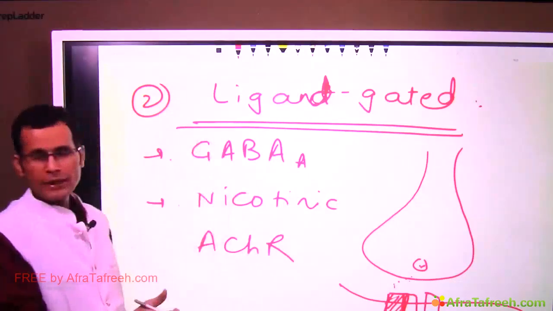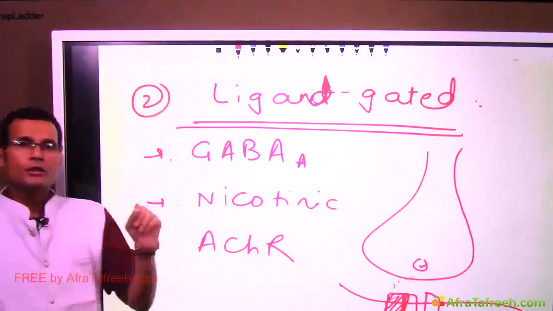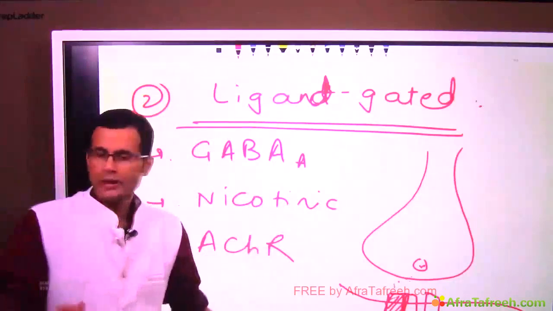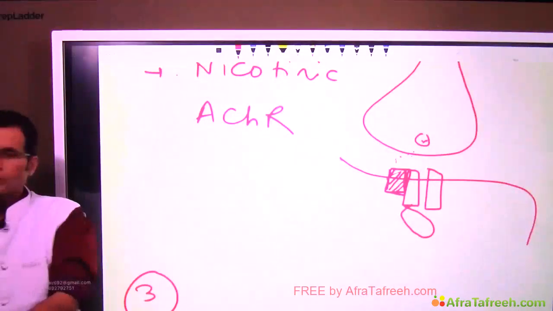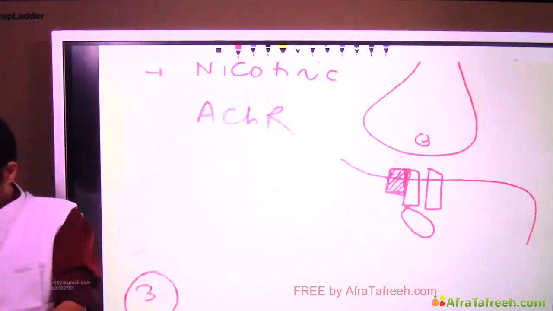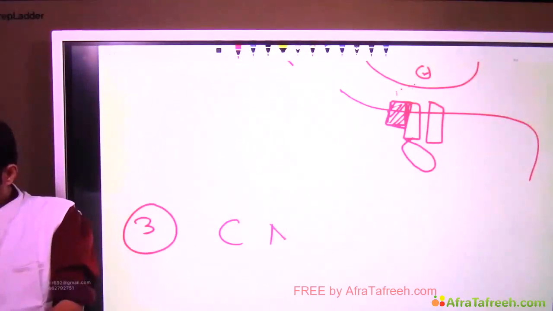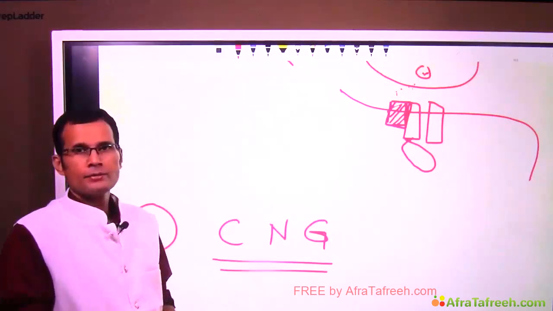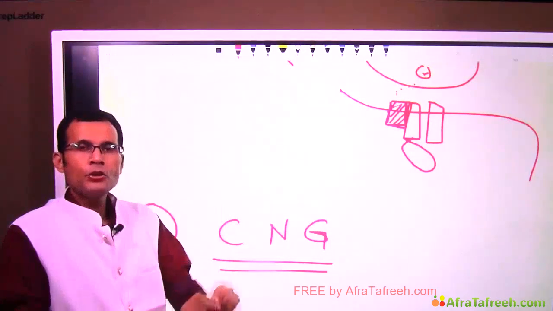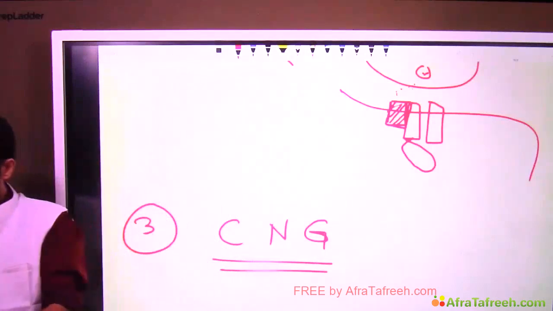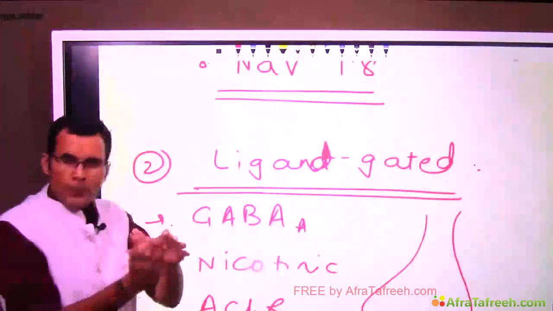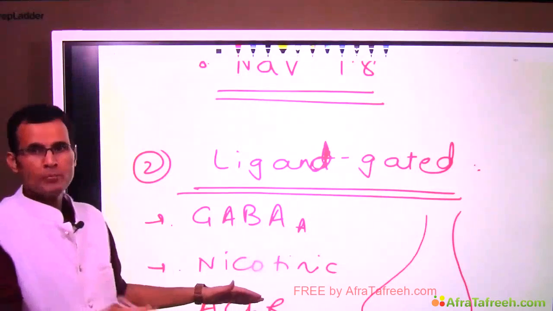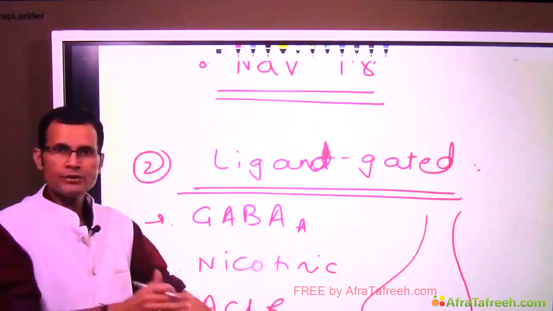Aren't they ligand gated? Well, they are categorized into the next type. Those are called cyclic nucleotide gated channels. So just to compare nicotinic receptor versus muscarinic, which we will see just now, the CNG.